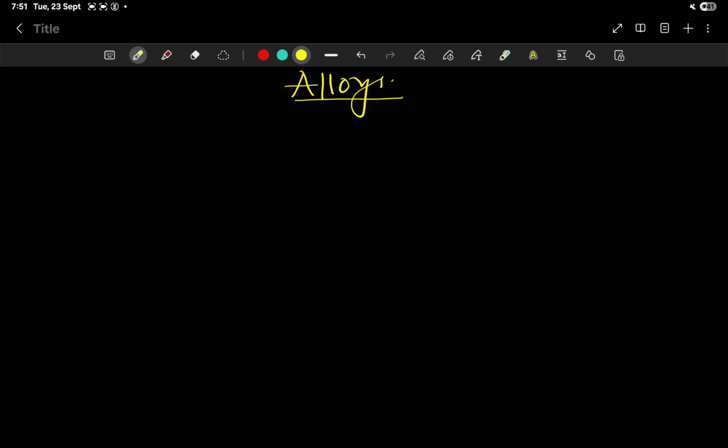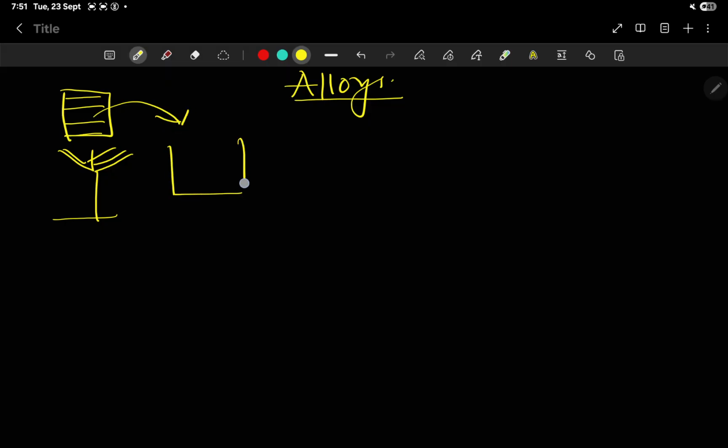So suppose we have one metal or one alloy. We have given heat to it and then we pour it in a vessel. Here this is molten metal.